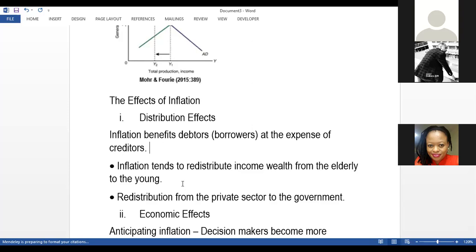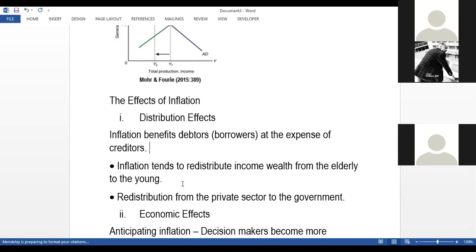And if you also look at it from another spectrum, the elderly have a lot of investments in retirement packages. Some put their money in mutual funds, some put their money in insurance and all these other things. Whenever inflation occurs, it affects the insurance, the mutual funds, and the retirement packages that they would have invested in.